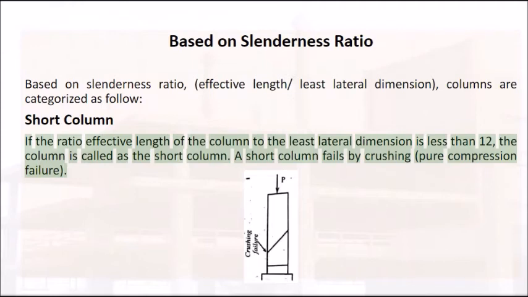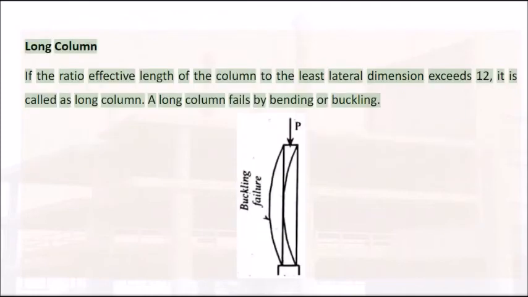A short column fails by crushing, a pure compression failure. Long column. If the ratio of effective length of the column to the least lateral dimension exceeds 12, it is called a long column. A long column fails by bending or buckling.